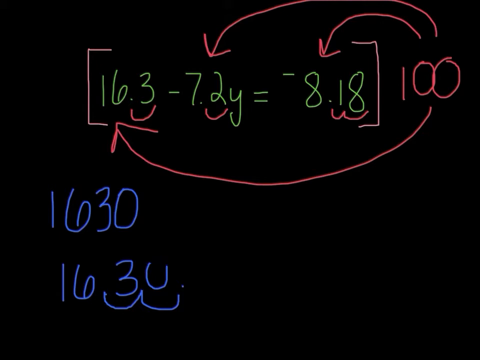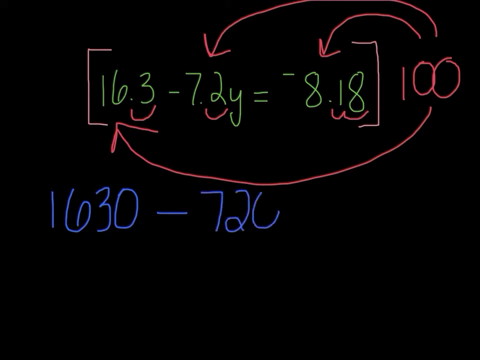So I'm going to erase this work down here because I don't want it to get in the way of the rest of my equation. Then I'm going to write in my subtraction sign. 7.2y, when I multiply that term by 100, I will get 720y equals, and then lastly, negative 8 and 18/100.